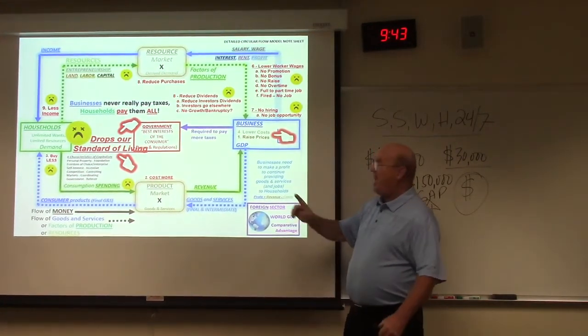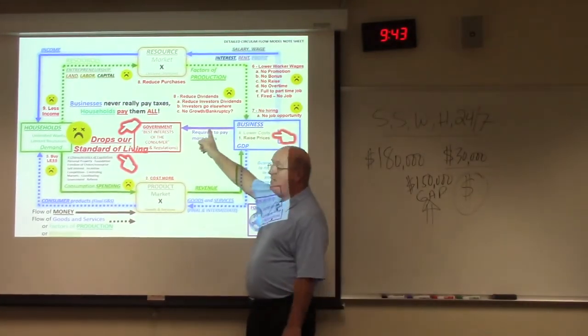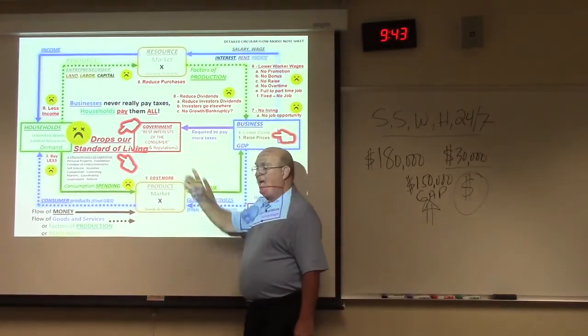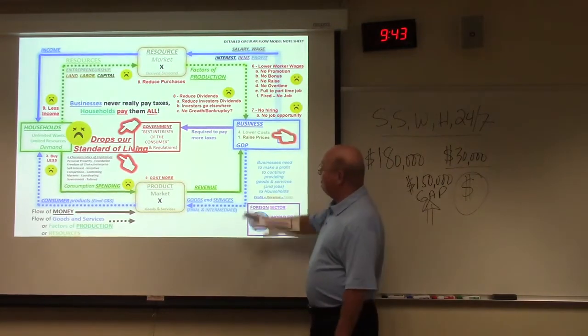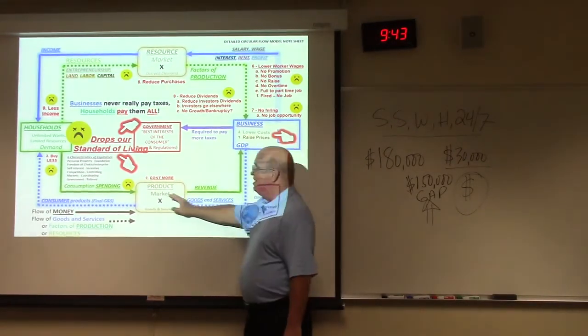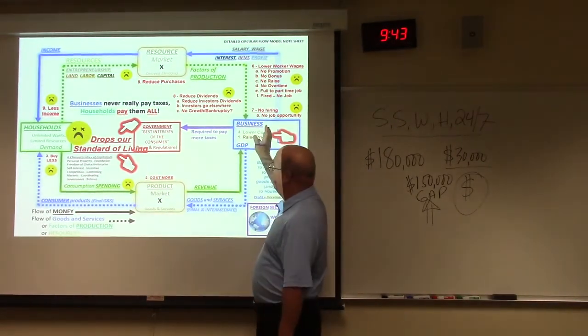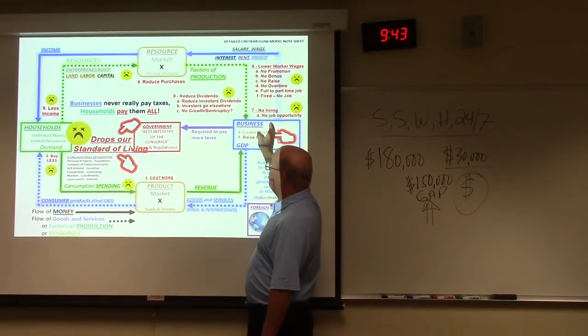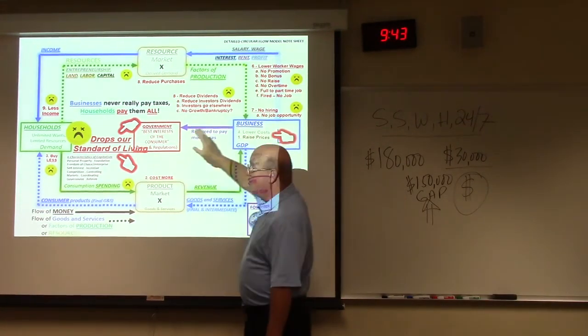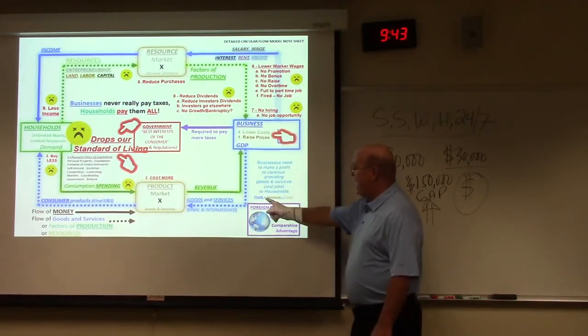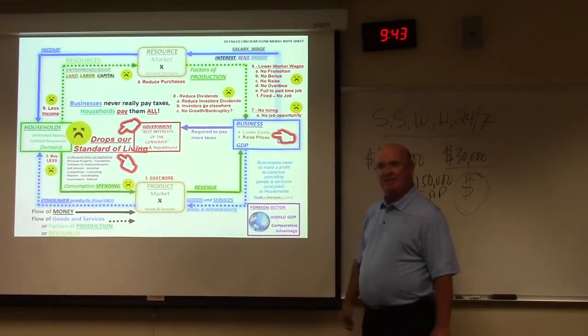Now the initial check coming this way may be from the business, and it may take time to recoup those taxes from increasing prices and reducing costs, but it will happen because they have to make that profit.